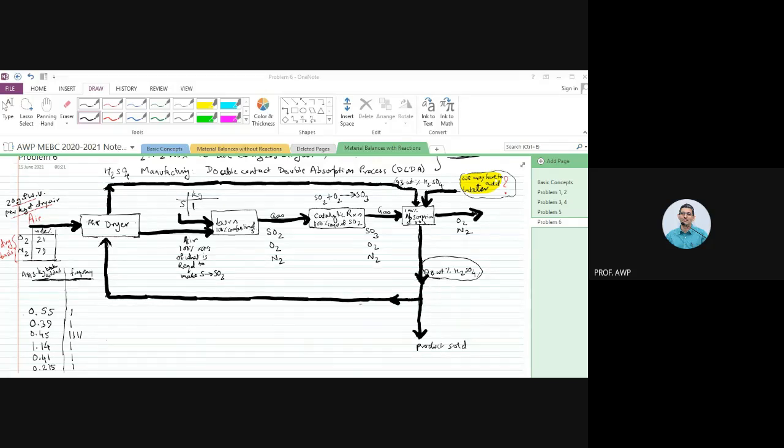Solving, sir. Okay. There are two Aniruddhs, I forgot. Karthik, just go ahead, unmute yourself and ask. No, sir. By mistake, I clicked the button. Okay, okay.